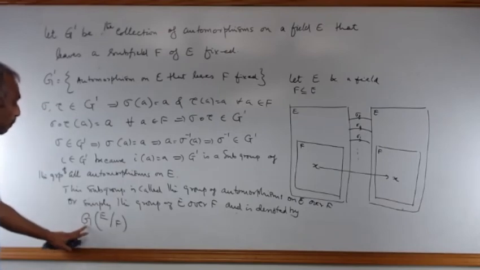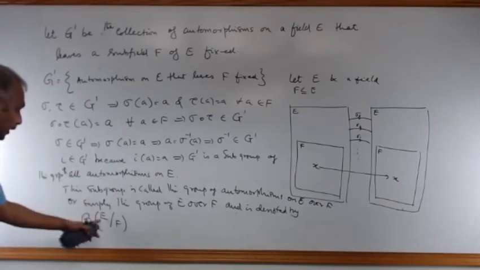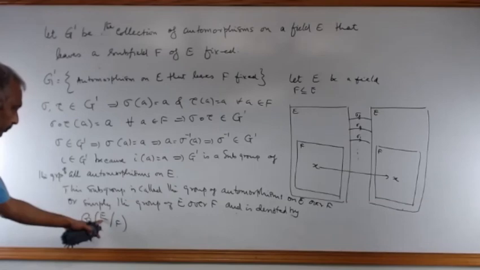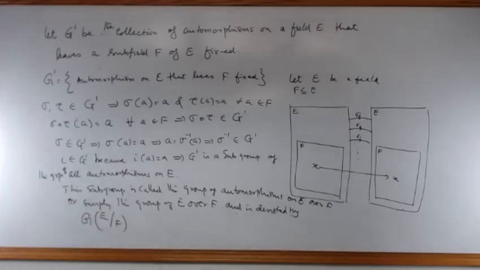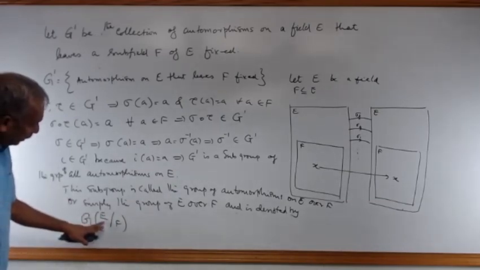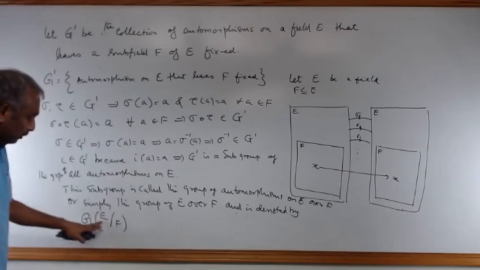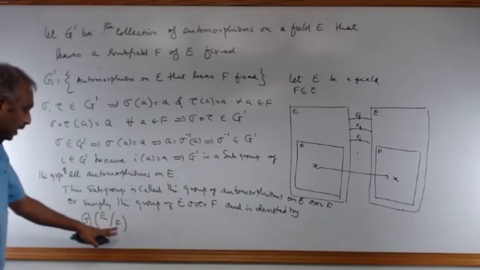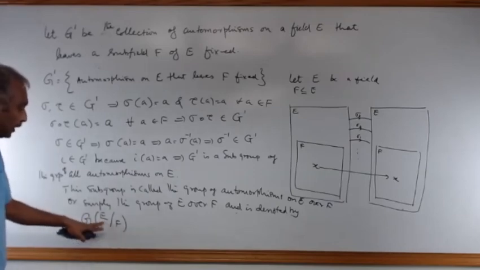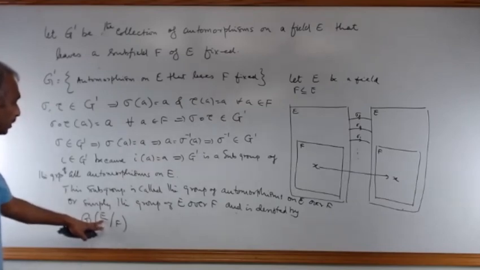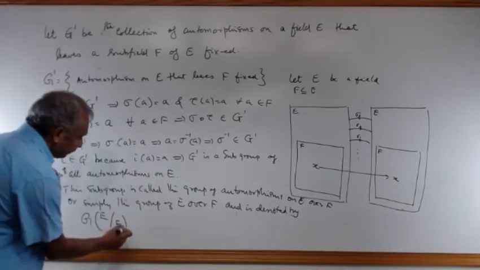It's a subgroup of all automorphisms on E. Don't confuse it with the quotient, because this is not the quotient of E over F. E and F are fields here, and we are not considering the quotient ring or quotient field or quotient group here. It is just a notation to identify the group of all automorphisms leaving F fixed.